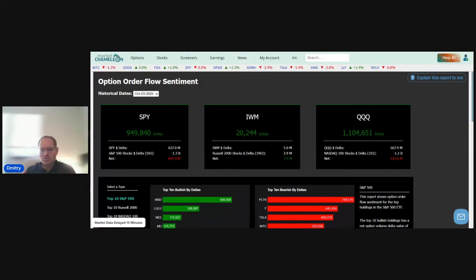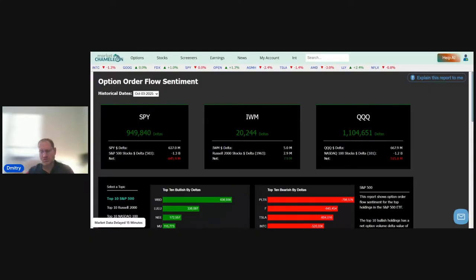So seeing that, we could also compare to what's going on in the individual stocks, because the ETFs and indexes are also used for hedging or speculating on short term stuff.